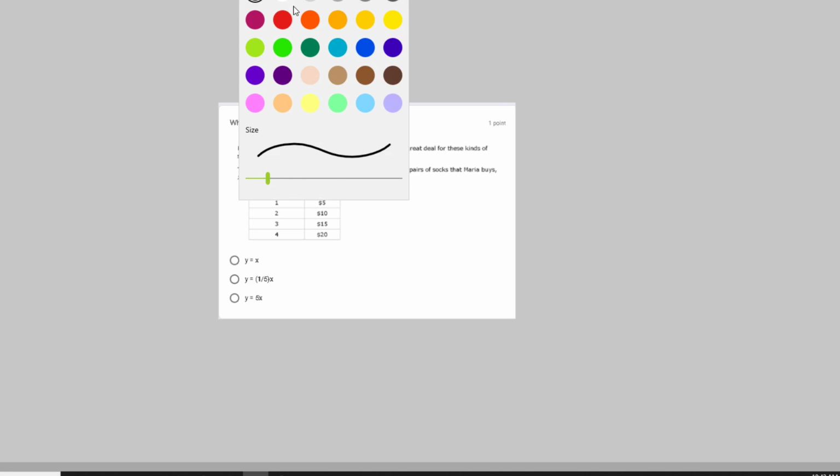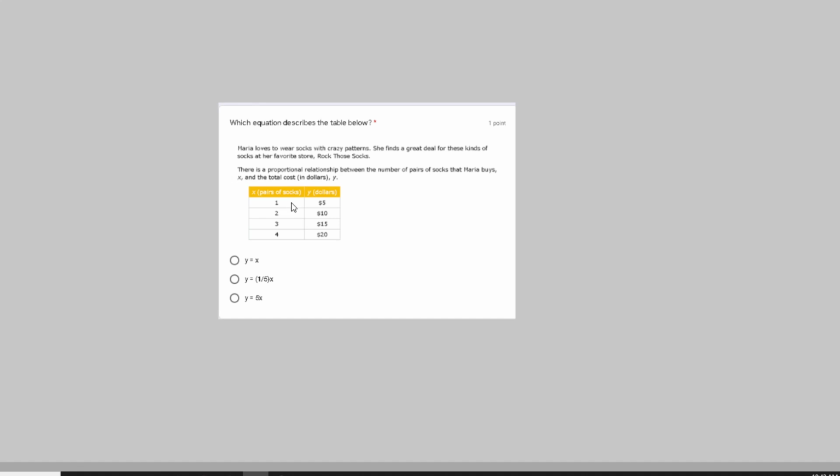You look at each row one at a time. We have our x here, and we're taking our x and multiplying it by 5 to get y. Or when x is 2, we multiply 2 by 5 to get 10. So in each case, we're taking whatever x is and multiplying that by 5. So it has to be this last one here.